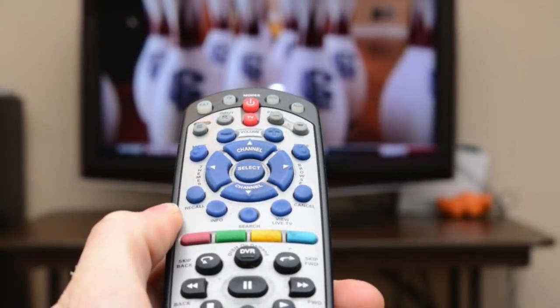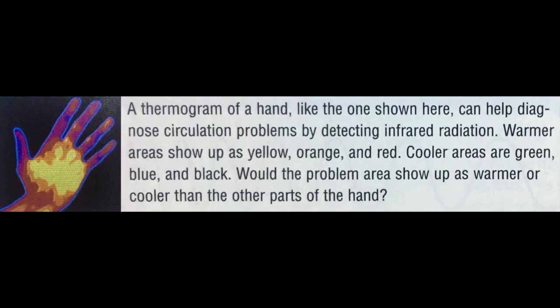Cool tools. A thermogram of a hand, like the one shown here, can help diagnose circulation problems by detecting infrared radiation. Warmer areas show up as yellow, orange, and red.